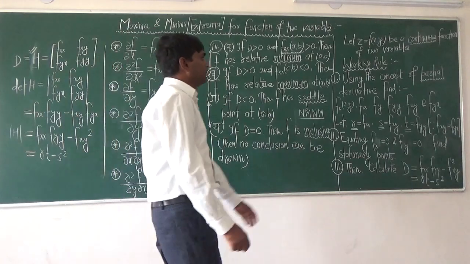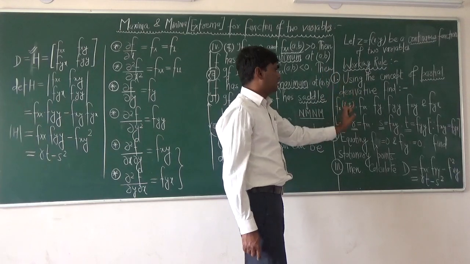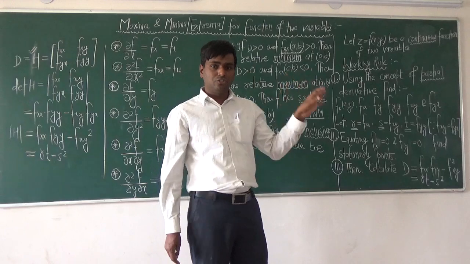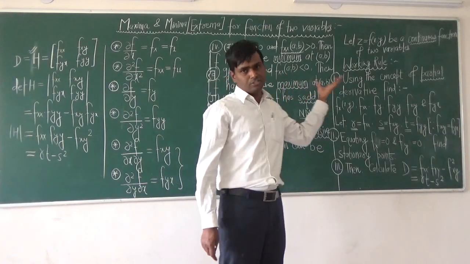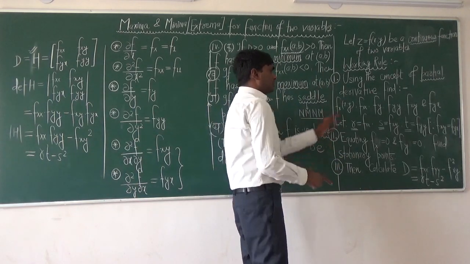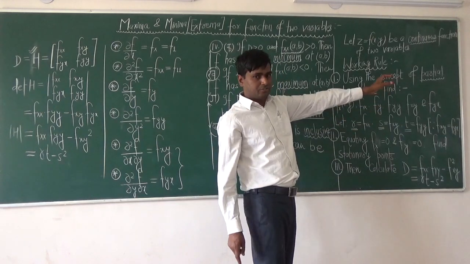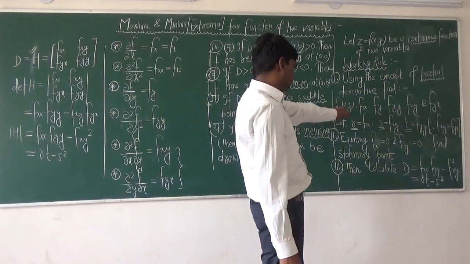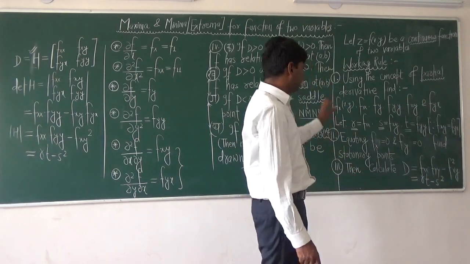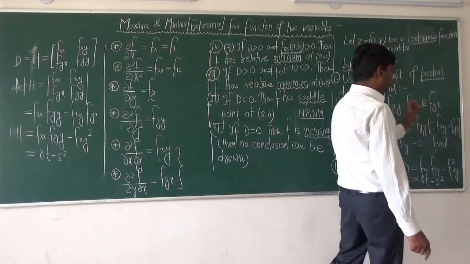Again we see the working rule for maxima and minima of two variables. First of all, we remember the given function is continuous in a particular interval or a given domain. In the first step, by using the concept of partial derivatives, we have to calculate the following partial derivatives, and these are six in number. Actually, since the given function is continuous, f_xy and f_yx both are equal.